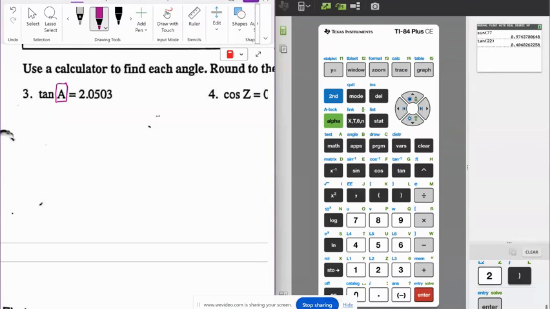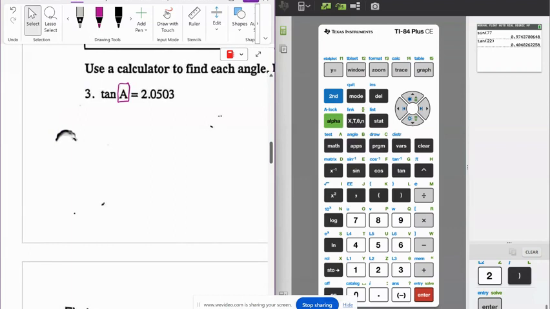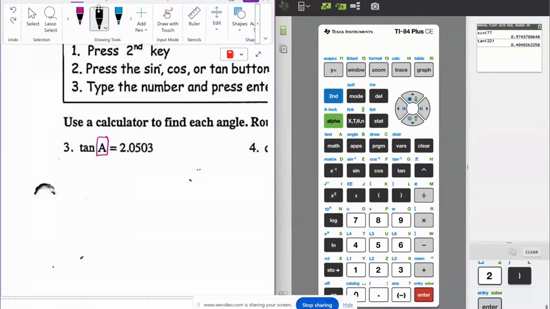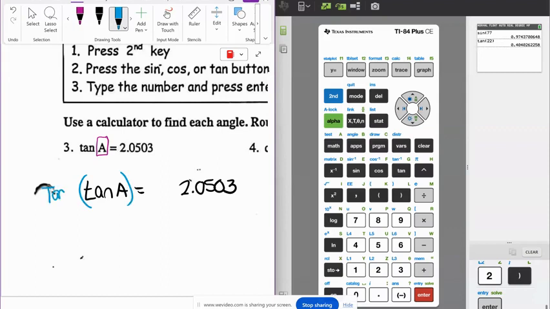And the way I get it to cancel out is I multiply by the inverse of tangent, which is the opposite. And the way you do that is you write it as tan raised to the negative first power. Let me rewrite this. We have the tangent of A. So what I'm going to do on both sides, I'm going to multiply by the inverse of tangent.